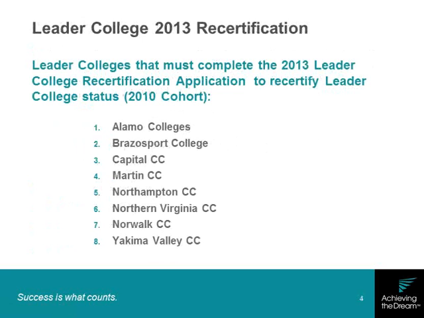So this is the group, the 2010 cohort of colleges that must complete the 2013 Leader College recertification application. This is in order to maintain your Leader College status. Of course, you do not necessarily have to complete the application, but then your college would no longer be designated as a Leader College.